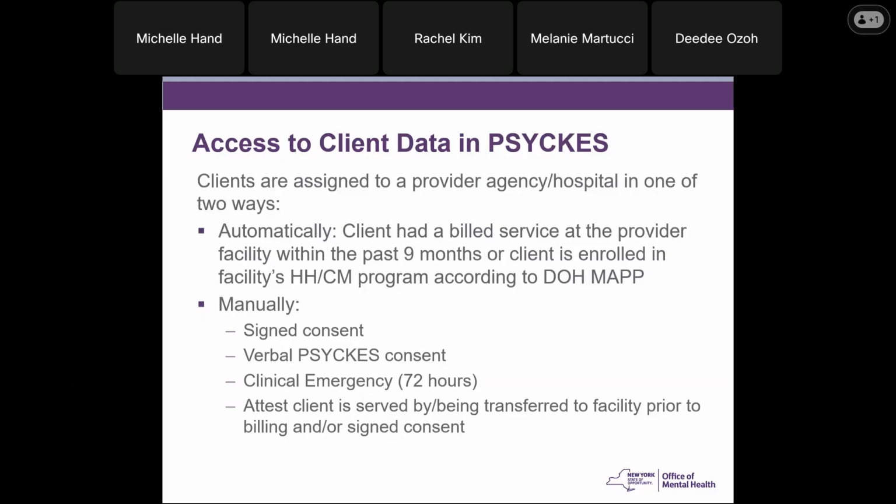And then another manual option is clinical emergency, which I'll show today, and that gives you access to a client's clinical summary, all available data, for 72 hours. And then the last manual option would be attesting that the client is being served by or transferred to your agency prior to billing coming through or prior to you obtaining signed consent from that client.